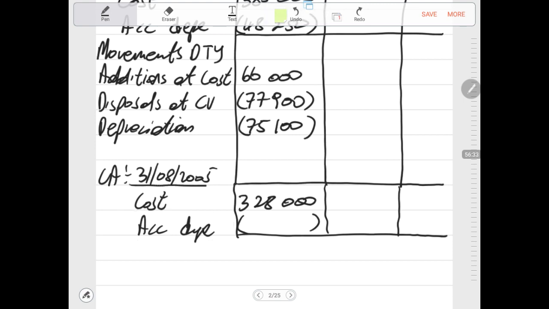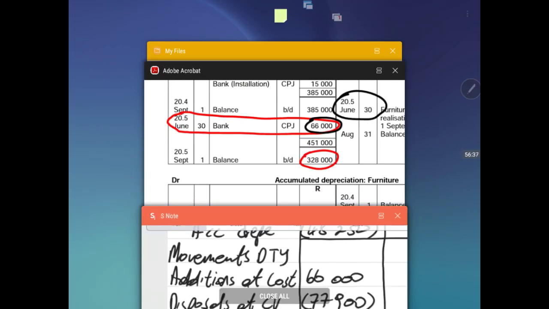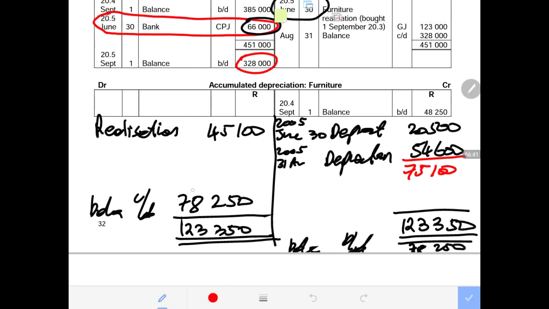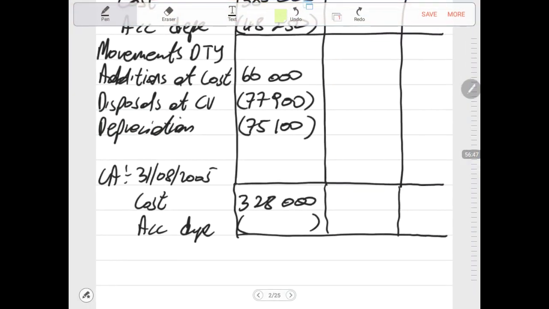I look for the balance at the end of the year, the closing balance. The closing balance of the accumulated depreciation is 78,250. That's what I want. I record my 78,250 and I'm done and dusted.